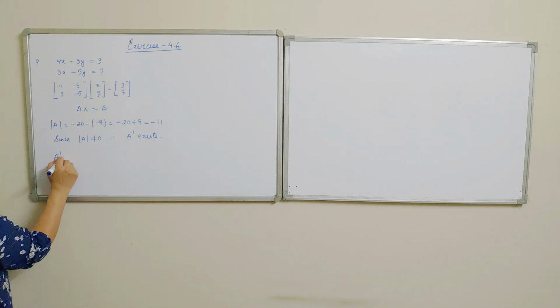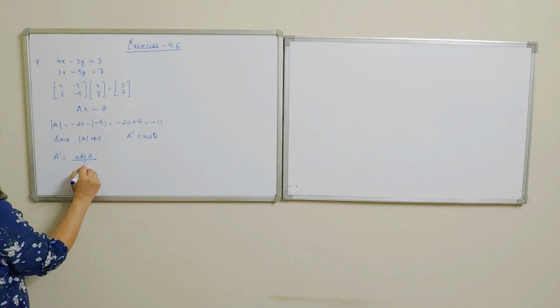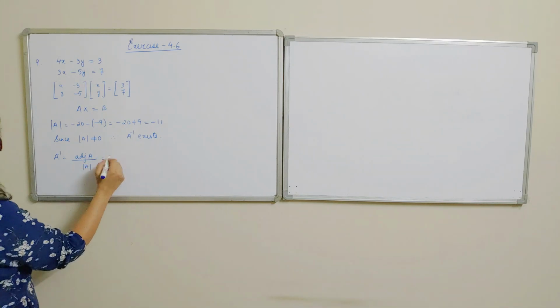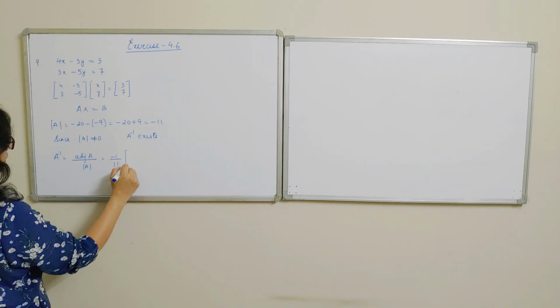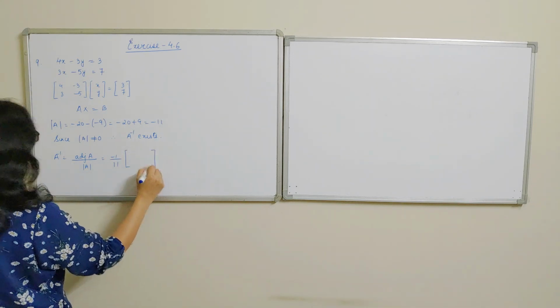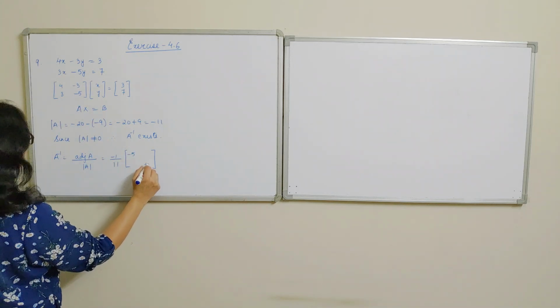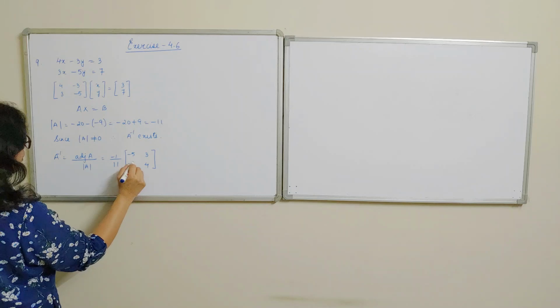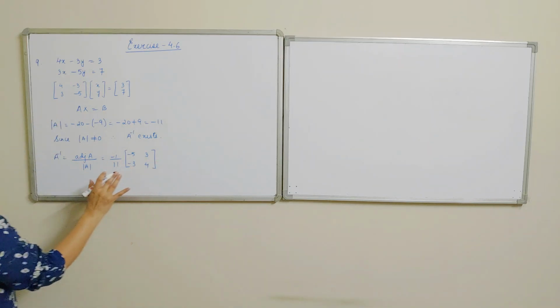We can directly find the inverse because finding the adjoint of a 2 by 2 matrix is simple. So if I directly substitute values, this is 1 upon determinant A, and the adjoint of a 2 by 2 matrix: minus 5, 4, this is 3, minus 3. So we leave A inverse this way only.